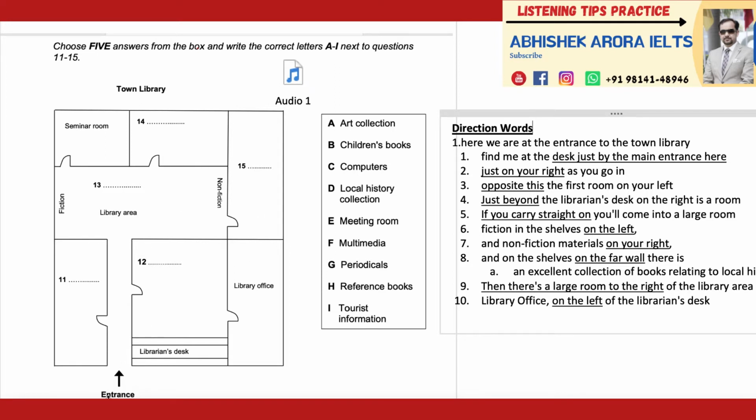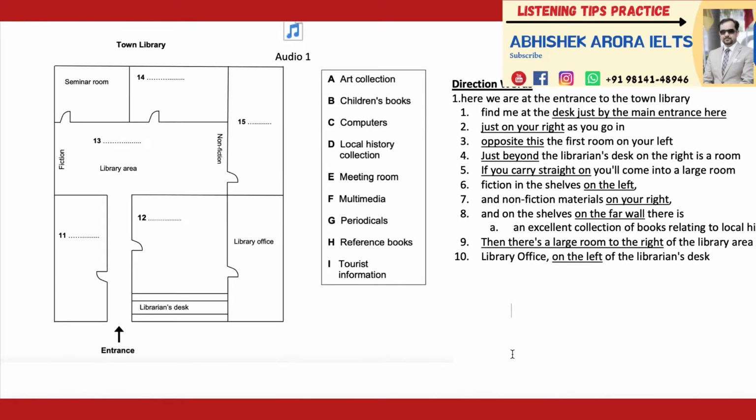Like here, there is an arrow which says entrance. So probably the speaker will talk about this entrance, and when you enter this passage, you have certain things on your left, certain things on your right. Fine. So you have to be careful about all the direction words.